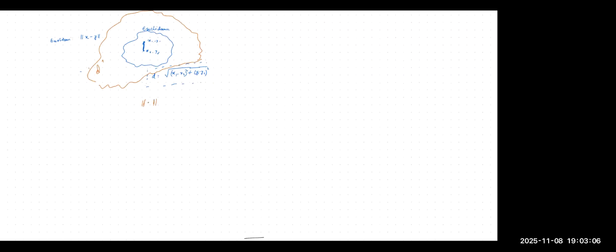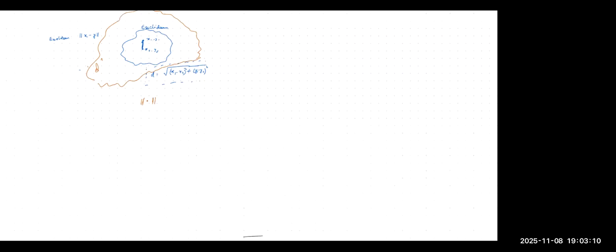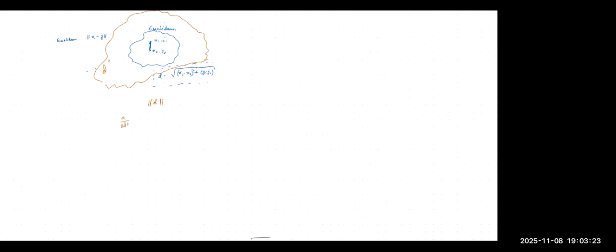You have probably seen this kind of notation, this D essentially. The distance, the norm. For example, you have seen a vector divided by its magnitude. So the distance, the magnitude, that is the norm.